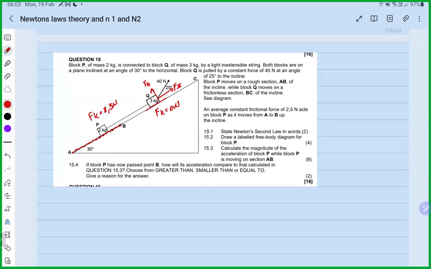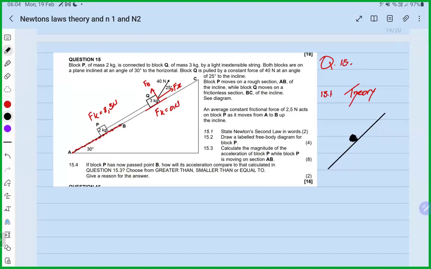So I'm going to leave out the statement for Newton's second law. Draw a labeled free body diagram for P. So we're going to start off with P, but we're going to draw both P and Q. I'm going to draw the incline, but you're not allowed to do this.